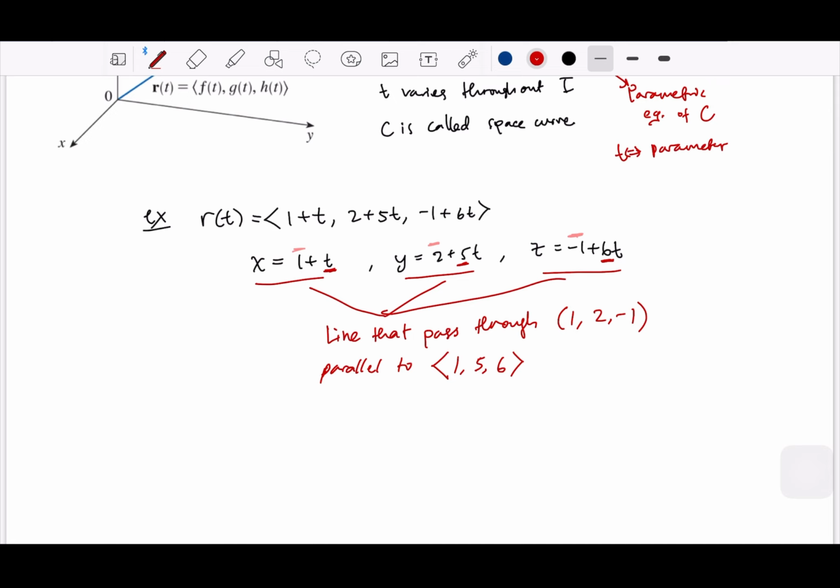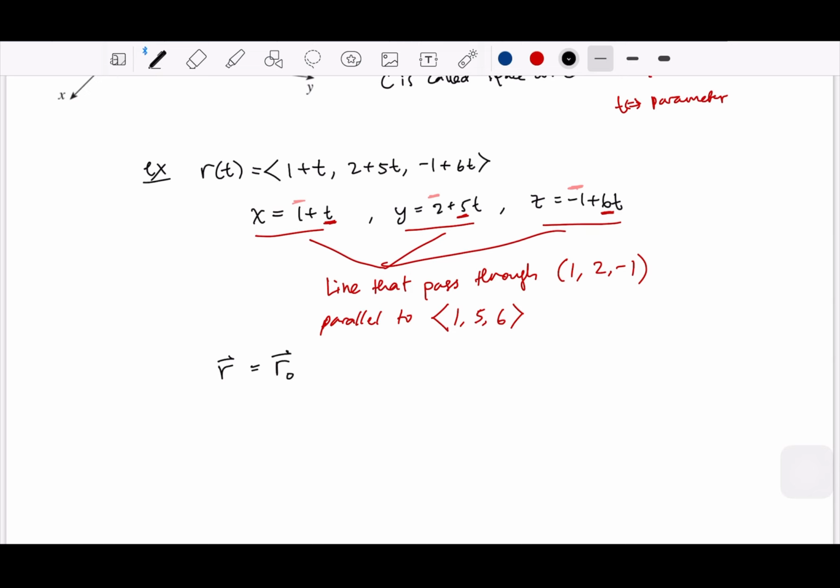We can also observe the relation between r and r0, where r0 is (1, 2, -1), and our vector that is parallel is (1, 5, 6). So all the shapes that we have discussed before, we can refer to in our vector valued functions.